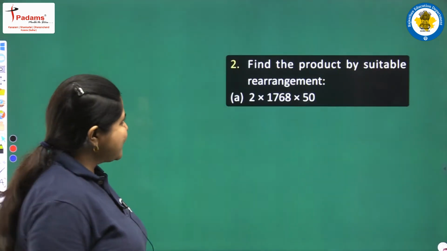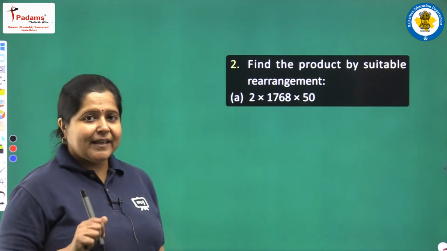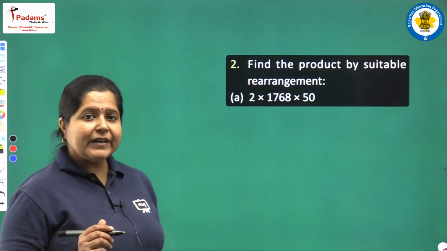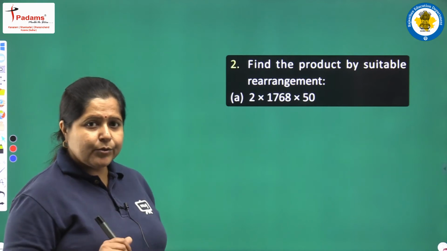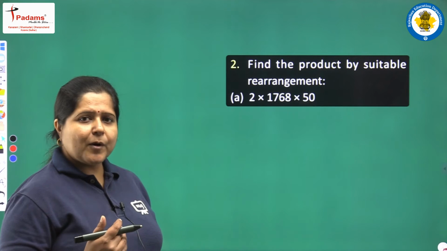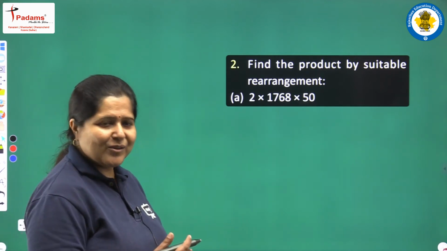Now we take up the next question. Find the product by suitable rearrangement. Here we are having three numbers in multiplication. Earlier we were having addition, now we are having multiplication. And you know that commutative property, associative property, these both properties are applied on addition also and on multiplication also.